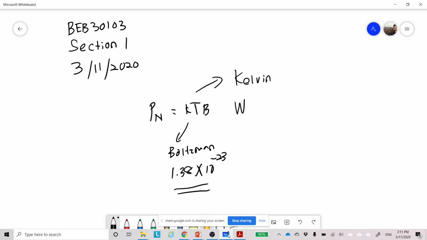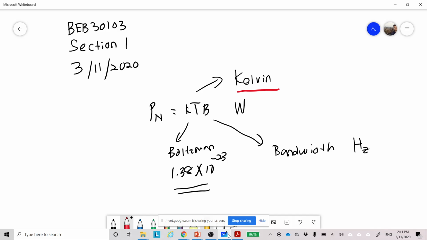Okay, and B is a bandwidth. Bandwidth in hertz. Okay, so remember that in your syllabus every temperature parameter must be in term of Kelvin.